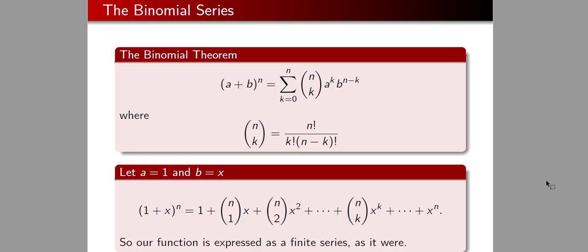And so our function here is expressed as a finite series, as it were. In fact, you can think of it as being an infinite series if you just say all of the coefficients of the powers of x are 0 after the x to the nth power.